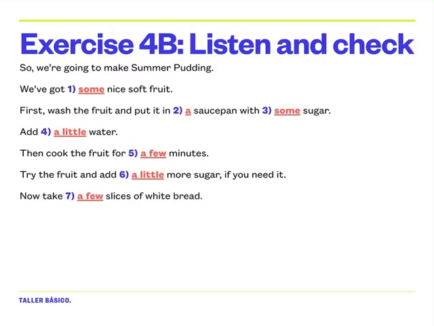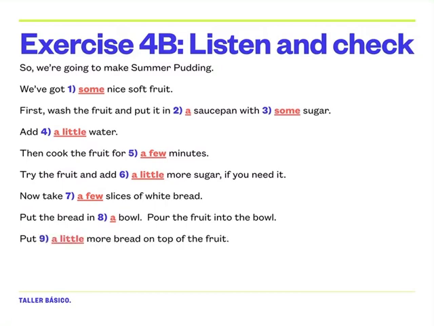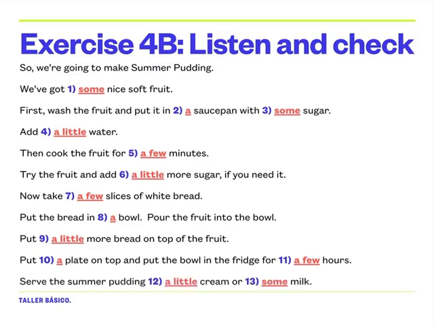Now take a few slices of white bread. Put the bread in a bowl. Pour the fruit into the bowl. Put a little more bread on top of the fruit. Put a plate on top and put the bowl in the fridge for a few hours. Serve the summer pudding with a little cream or some milk.